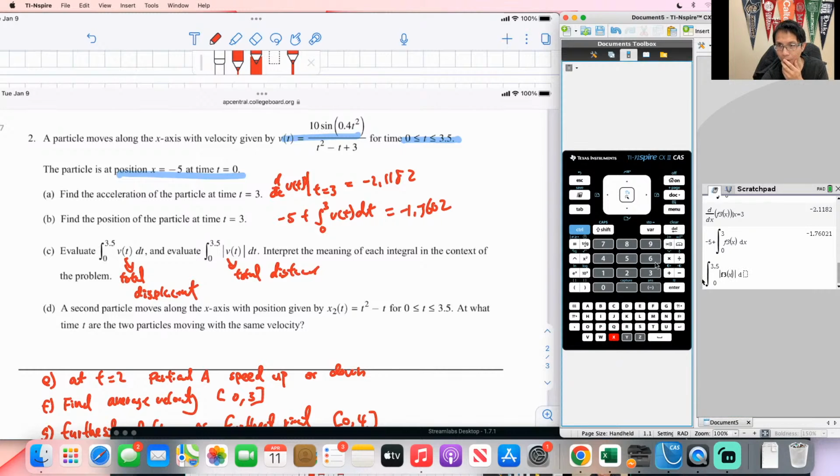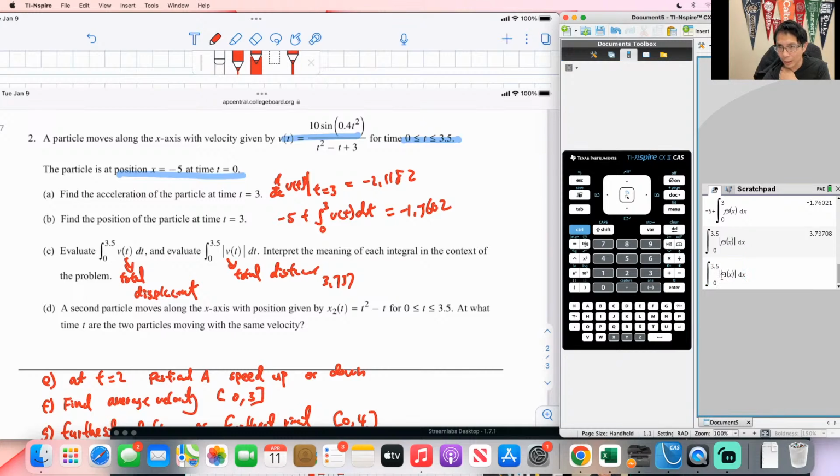So this is the total distance. And I can get rid of x here. So I press enter. It's 3.737. Can you predict whether displacement is going to be less or more? More. It's going to be less because it's the absolute value, right?